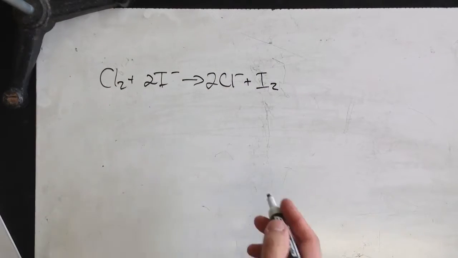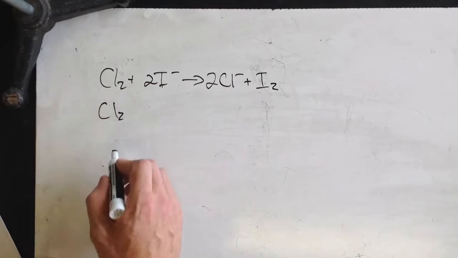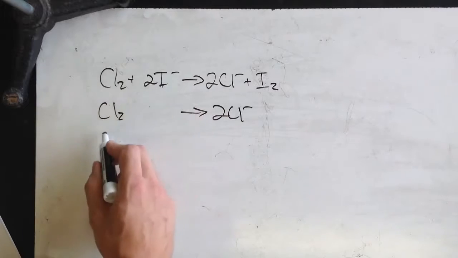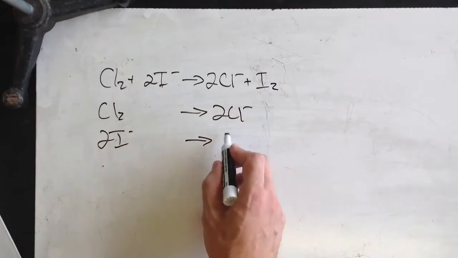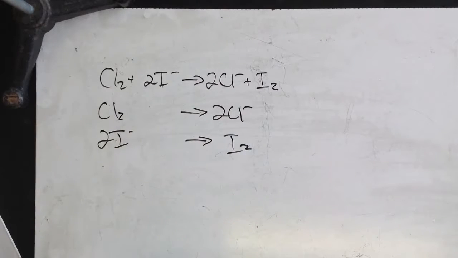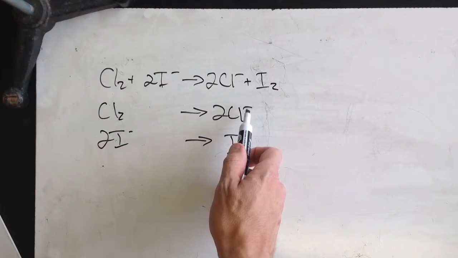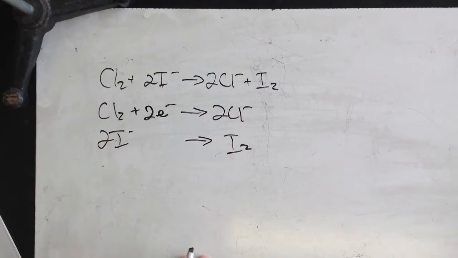Okay? And we're going to split that up into the two half cells, starting with chlorine going to 2 chloride and then 2 iodide ions producing iodine. We can see that we have a charge of 2 negative on the right side, so we need to add 2 electrons to balance the charges.